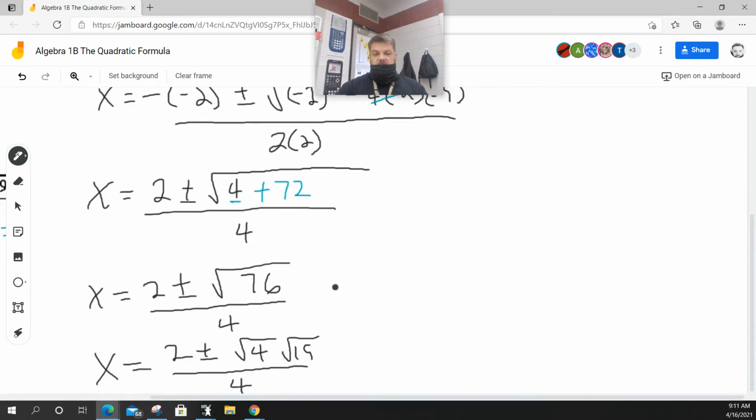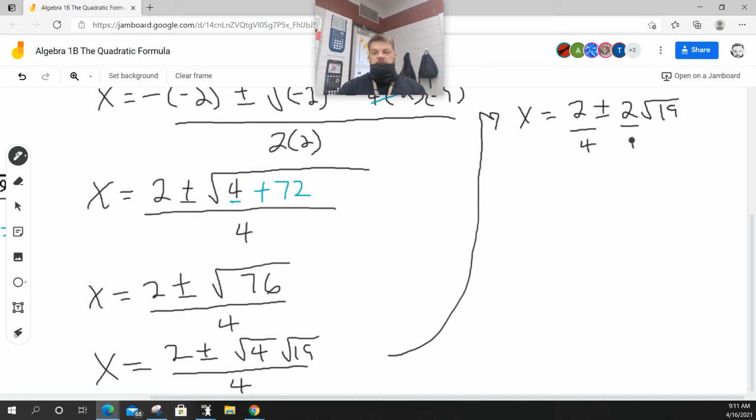So we're going to bring that up here, and that is x is equal to 2 plus or minus 2 root 19 over 4.